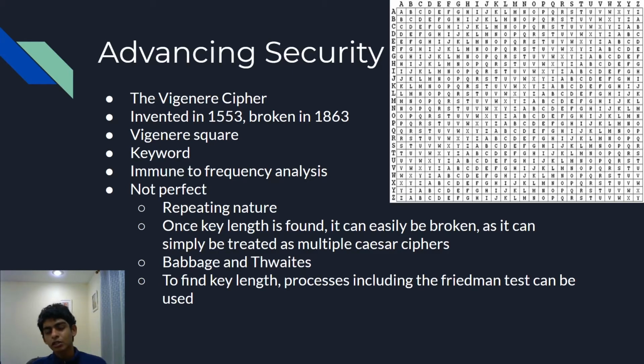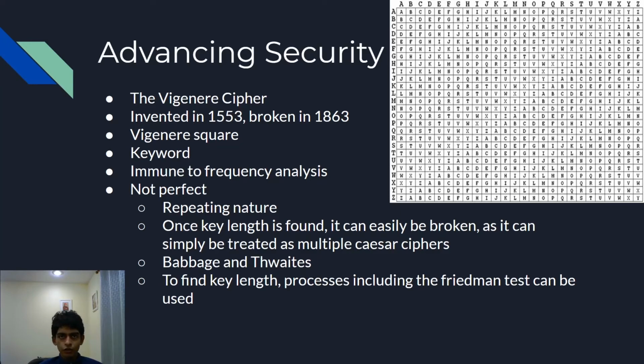And there's actually a nice story about this, which was someone named Thwaites, an engineer, who was talking about how he invented a new form of cryptography, a new cipher, and it's completely unbreakable. And Charles Babbage, another influential figure of the era, wanted to show that Thwaites' cipher is just a version of the Vigenère cipher.